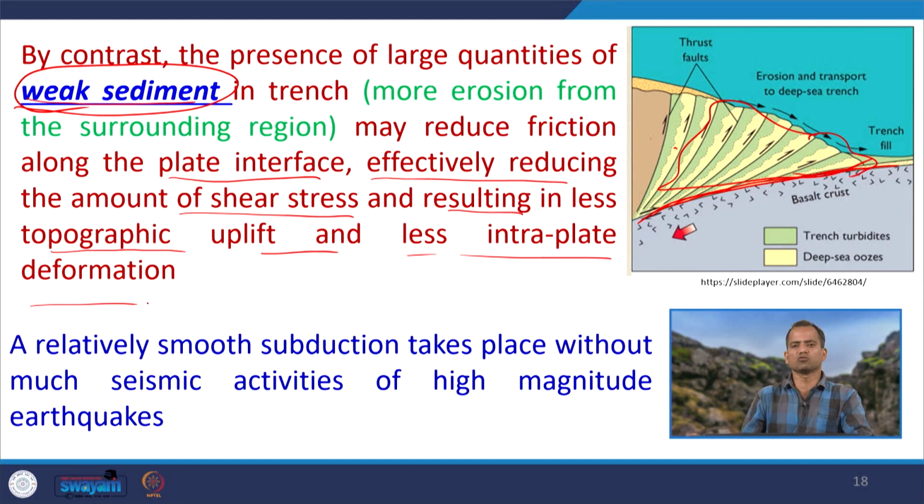So, relatively smooth subduction takes place without much seismic activity and high magnitude earthquakes. But if the reverse is true, that means we do not have sediment here, so a high degree of friction is here and shear stress is more. So, we will find high magnitude earthquakes, otherwise low magnitude earthquakes are here and smooth subduction is there.